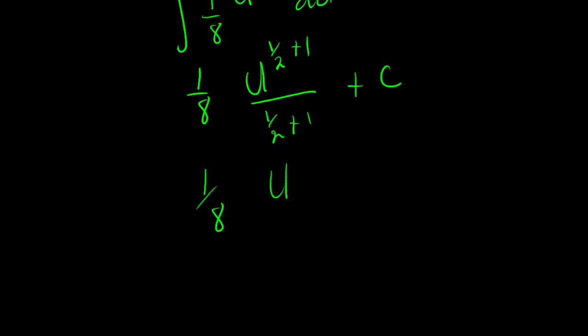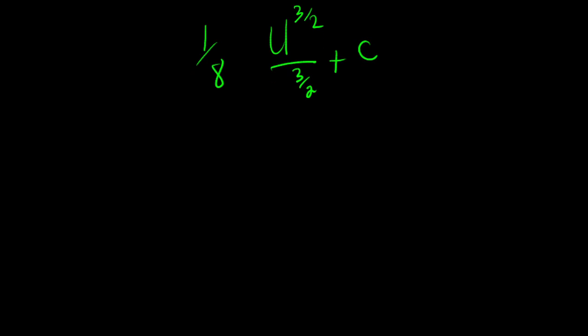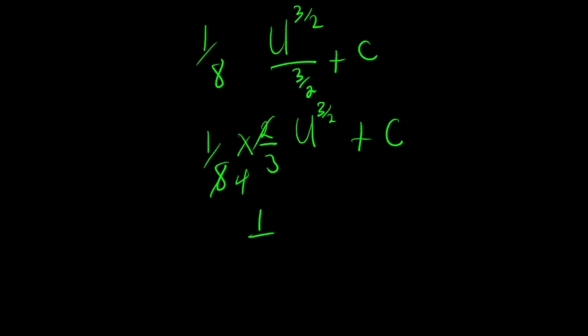So that means you're having u raised to power 3/2 plus c, and that means we are having 1/8 times 2/3. If this 3/2 comes off, that will be 2/3. u raised to power 3/2 plus c. So this gives 4, so we have 1/12 u raised to power 3/2 plus c.